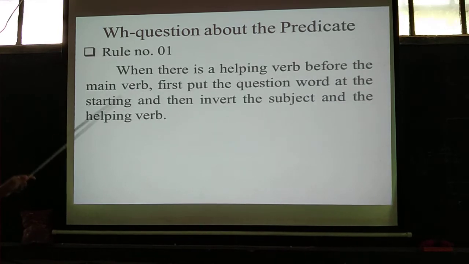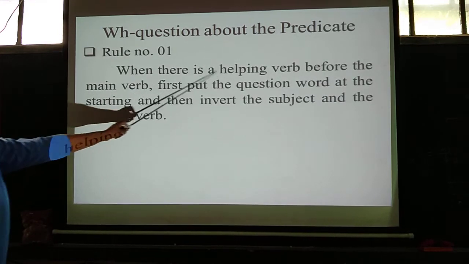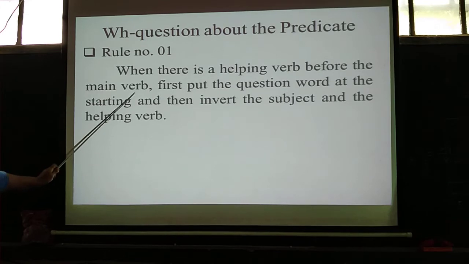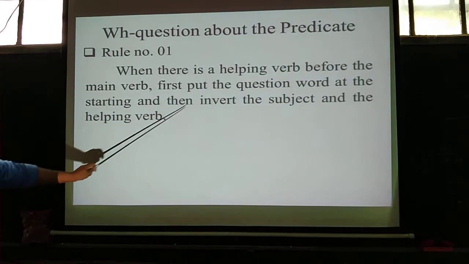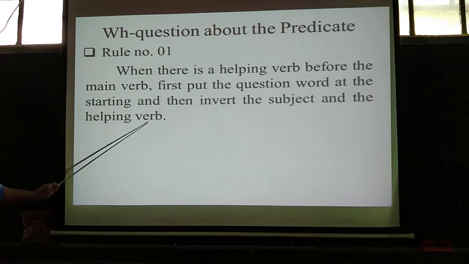The first rule: when there is a helping verb before the main verb, first put the question word at the starting and then invert the subject and the helping verb.